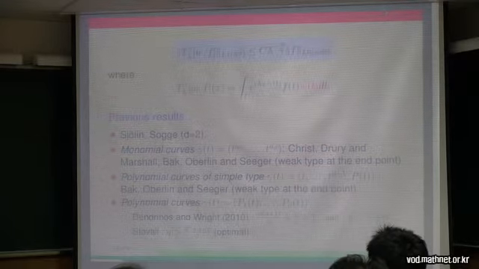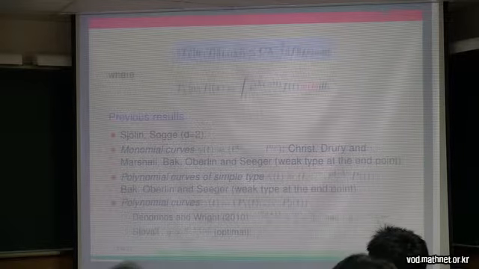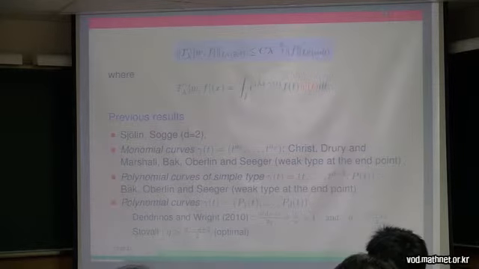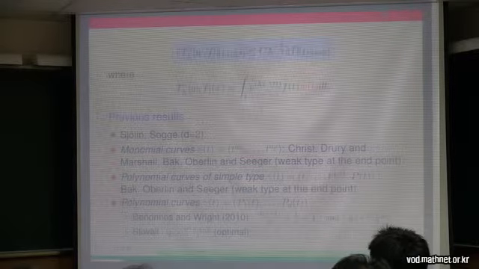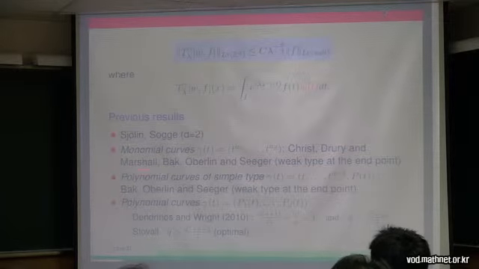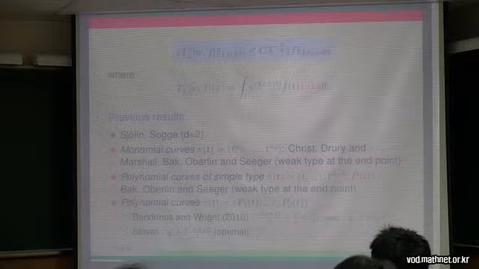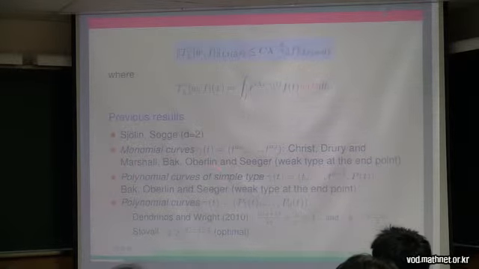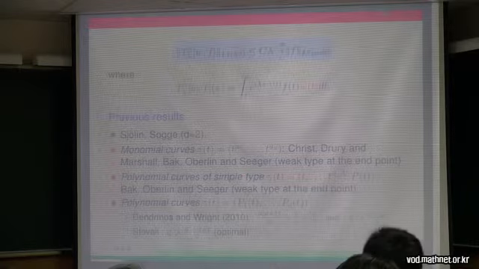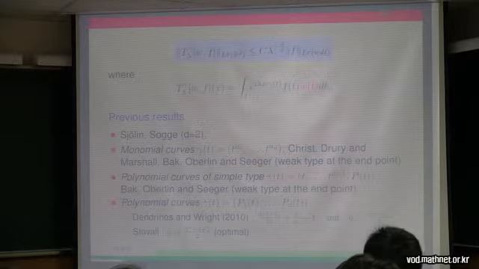There are some results. When d is equal to 2, Sjölin and Sogge obtained this kind of estimate. And then for monomial curves, Christ, Drury and Marshall, and Park, Oberlin, Seeger obtained some results. Park, Oberlin, Seeger also obtained the weak type estimate at the endpoint.